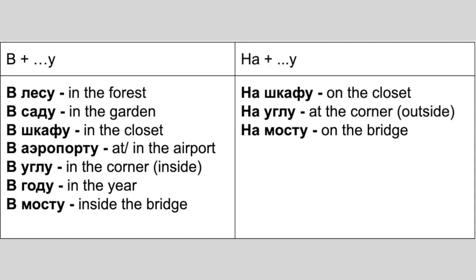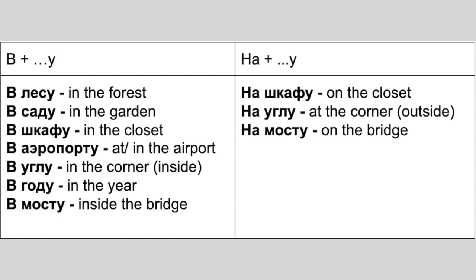And I prepared a list of words. Some of them are в лесу. Я нахожусь в лесу. I'm located in the forest or at the forest. Then you'll say в саду. I'm in the garden. Я в саду. Then you'll say я в шкафу или я на шкафу.